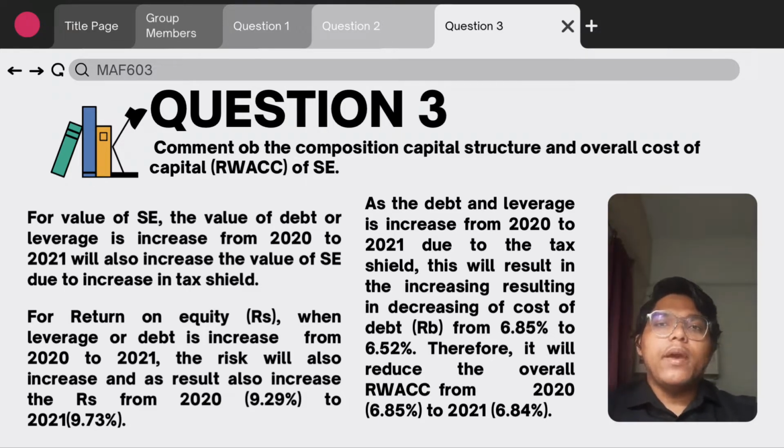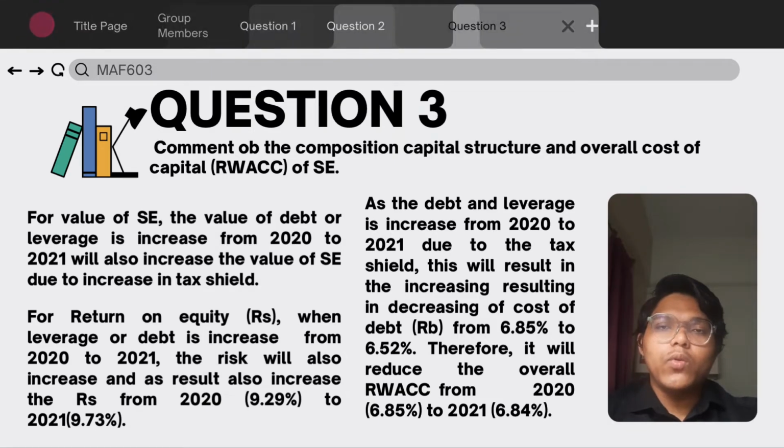As the debt and leverage increased due to the tax shield, this results in a decrease in the cost of debt, which is RB, from 6.85% in 2020 to 6.52% in 2021. Therefore, it reduces the overall RWACC from 6.85% in 2020 to 6.84% in 2021.